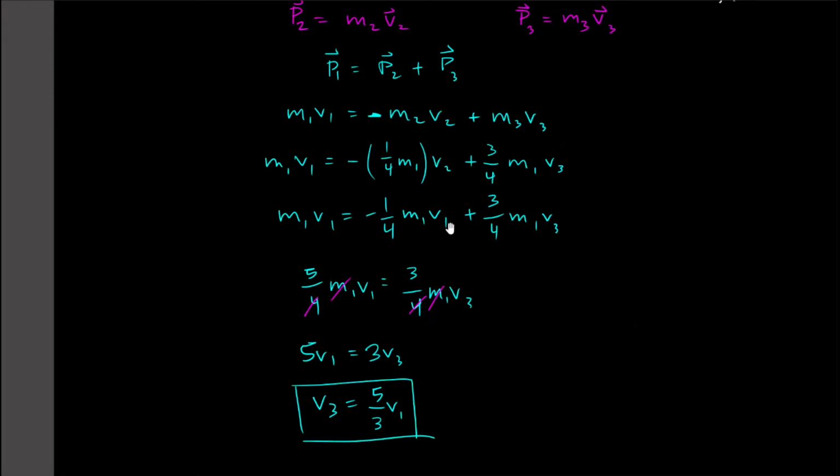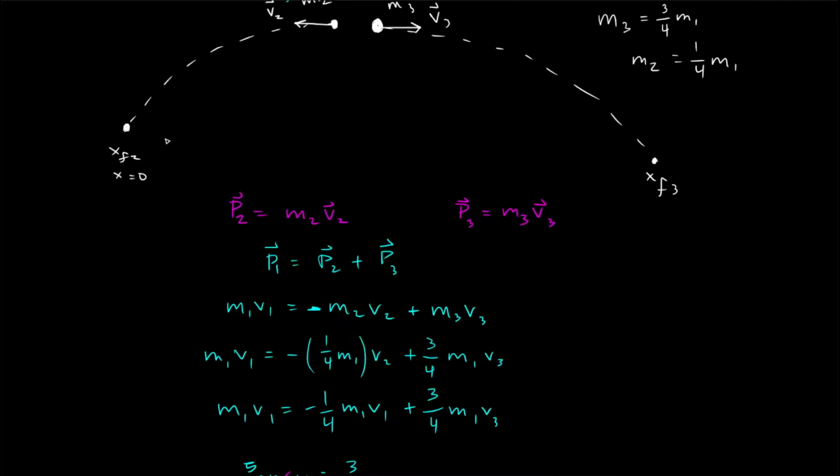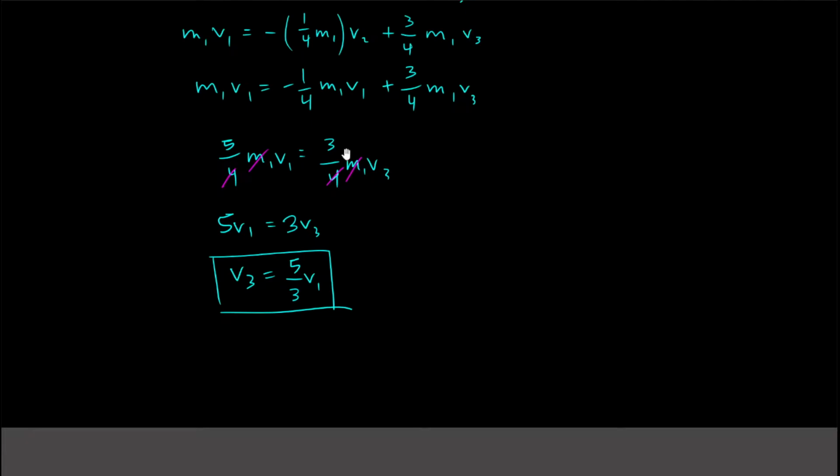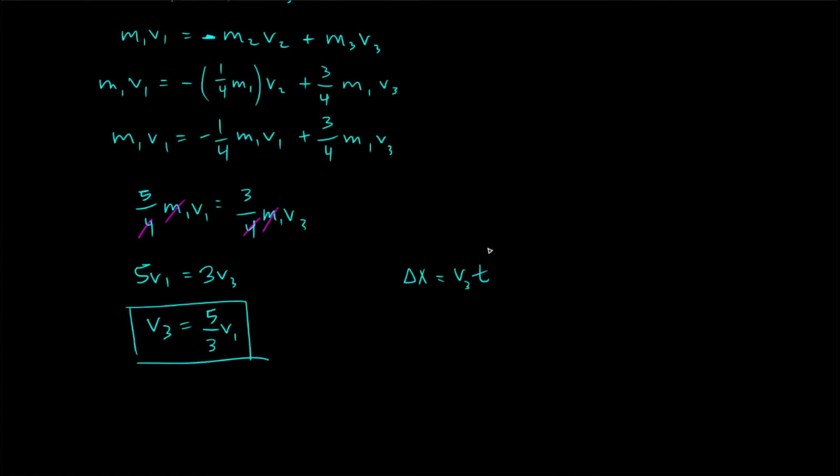Now the distance m3 travels from this position, from x1 to xf3, its displacement from here is then delta x equals vx, v3 times t, and we use the same logic again to say that m3 takes the same amount of time to land, so t is again equal to t1.